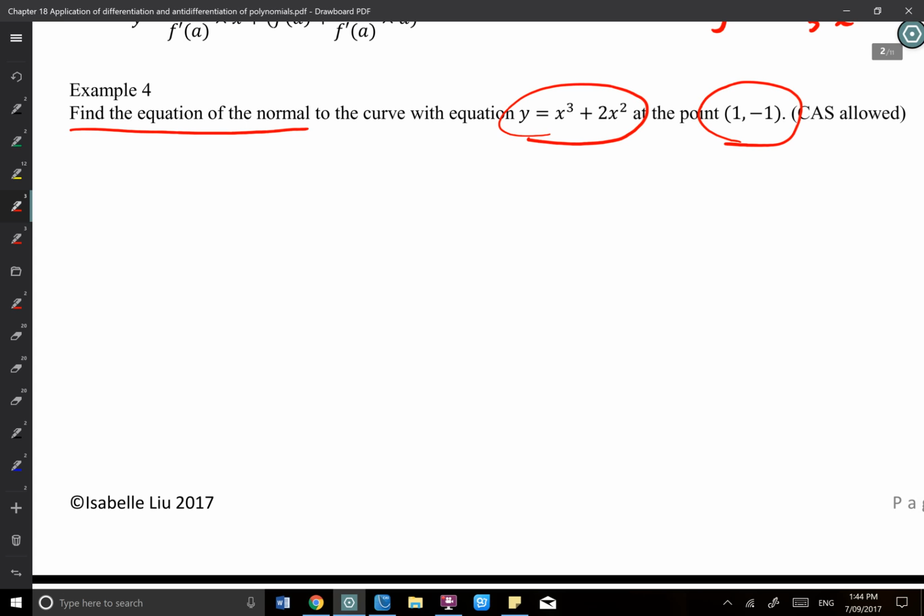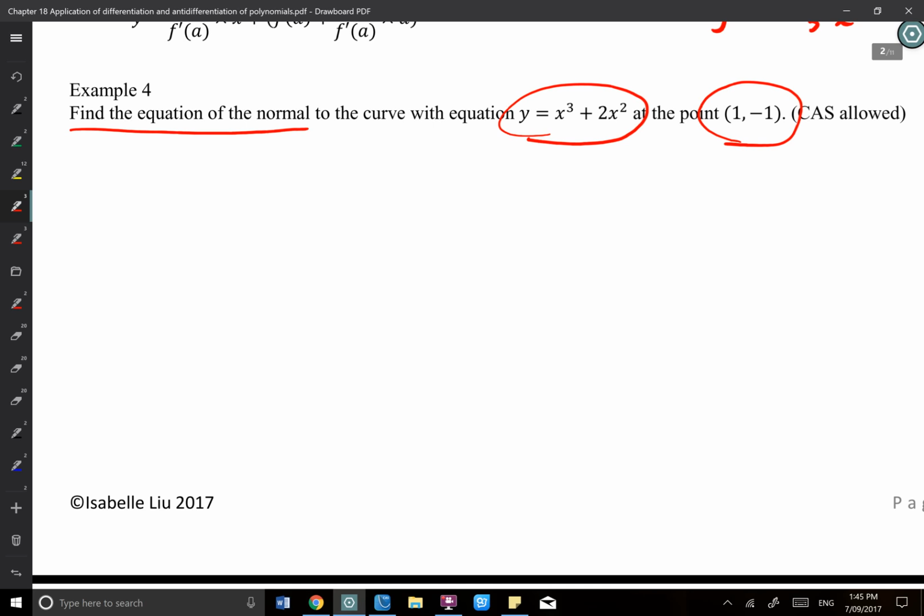What can you do with this one? It must be different from the top question, otherwise I would not put it at the end and call it a hard question. You need to recognize what's different.